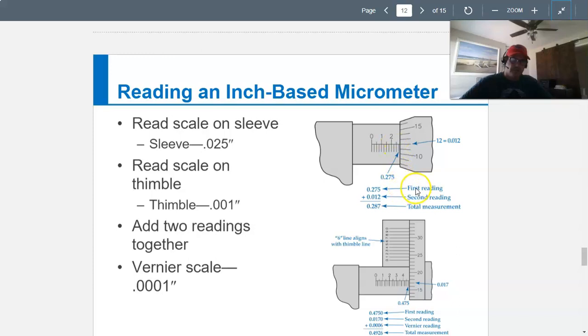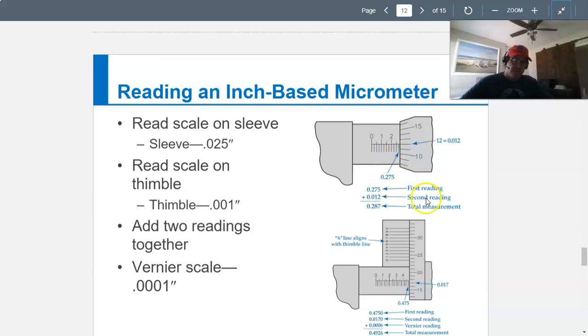In the handout I gave you, it's a little better because the first reading should be 200 thousandths. And then for every line past the numbered graduation, you have 1, 2, 3. That's 25 thousandths. So it's 200 thousandths, 225 thousandths, 250 thousandths, 275 thousandths, and that shows that leader with the arrow to there.